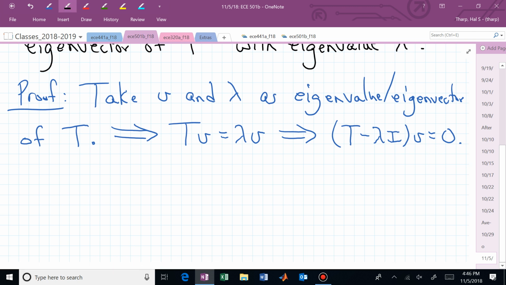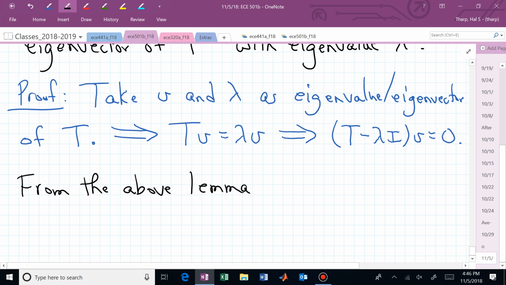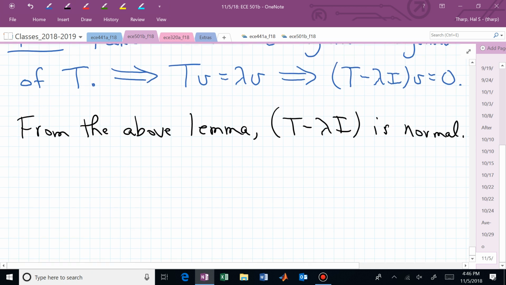So now, from the above lemma, T minus lambda I is normal, since T was normal in this corollary.